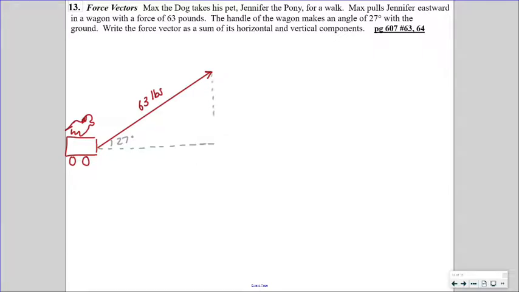If I make a right triangle here, what we're looking for are the horizontal and vertical components, the x and the y values. In this system, I can set my origin at the place where the handle and the wagon meet. Then we can use the general form for finding the horizontal and vertical components of our vector: our magnitude times the cosine of our angle in standard position, plus the magnitude times the sine of our angle in standard position.